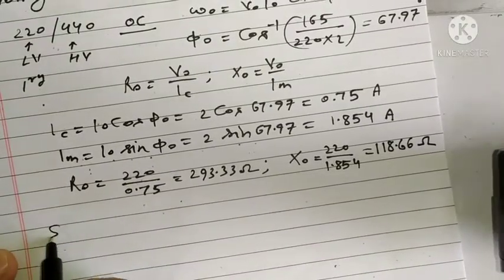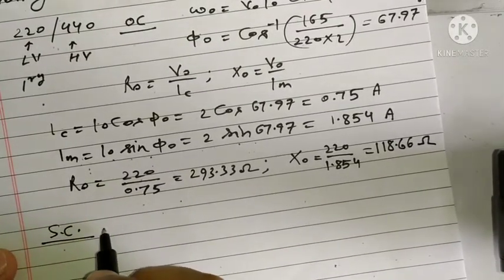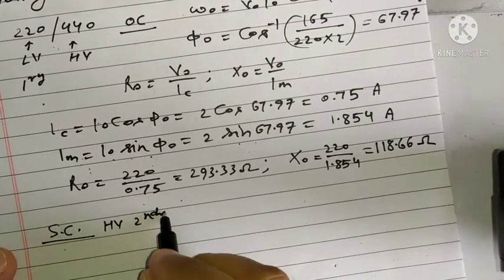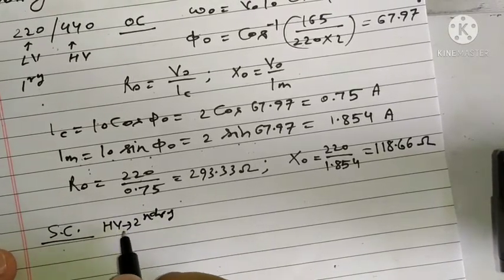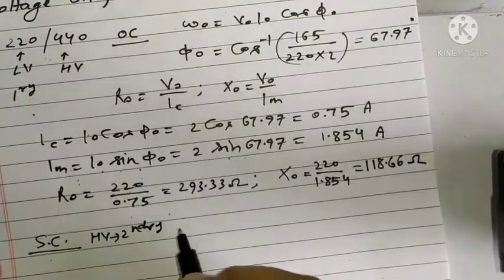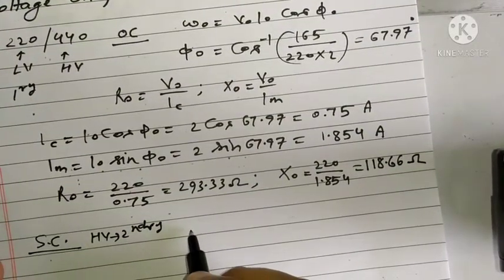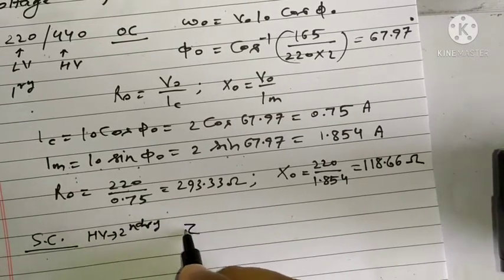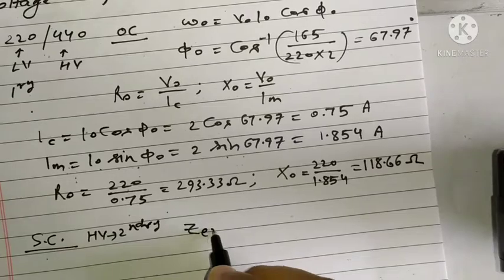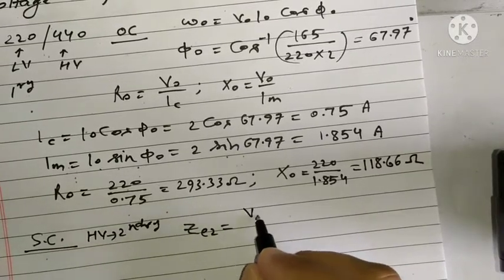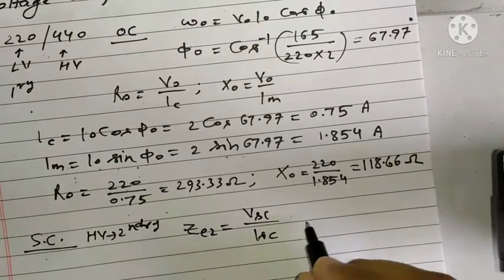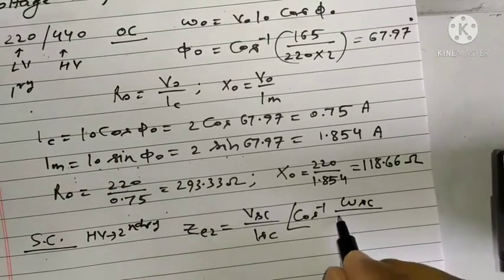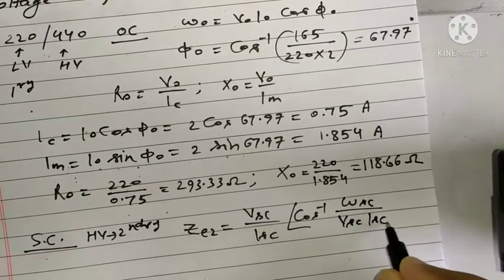Now the SC test is conducted on the HV side and HV side is the secondary side in this numerical. Therefore we will find the equivalent circuit parameters referred on the secondary side. So ZE2 is VSC by ISC at angle cos inverse WSC by VSC ISC.